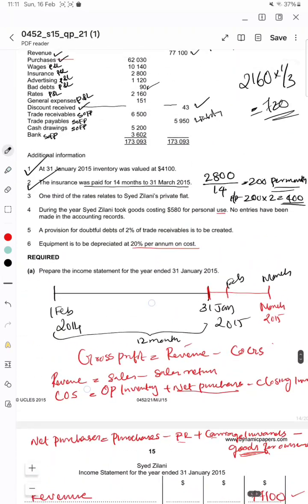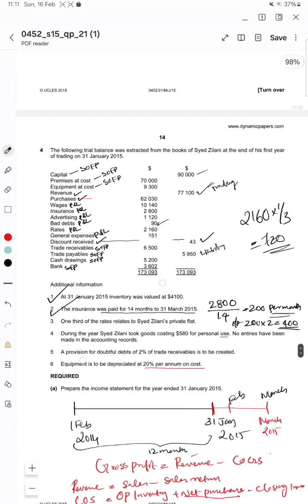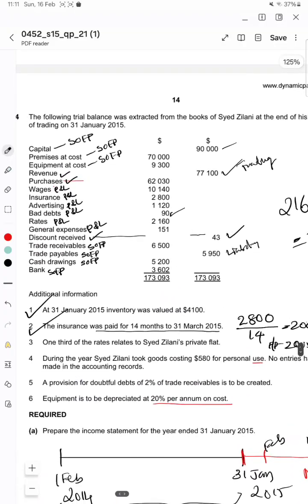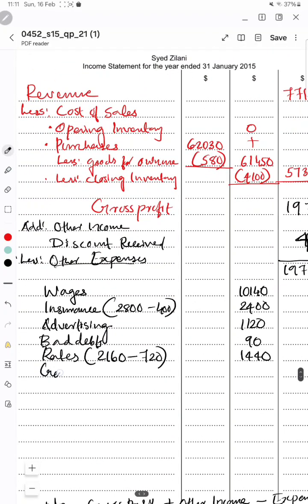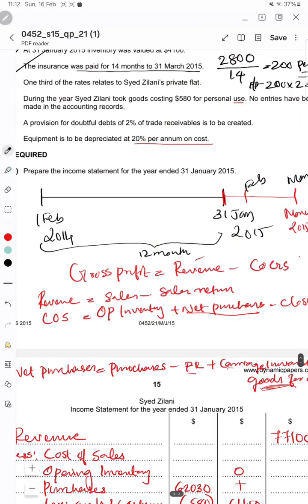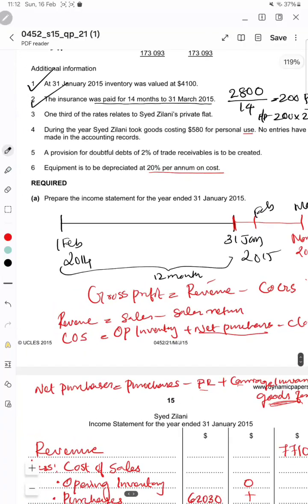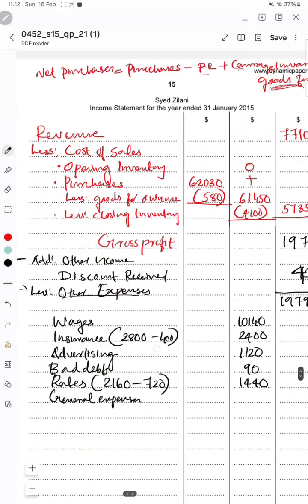Then we have general expenses, right? That I am taking here. General expenses. There is no adjustment. Check if there is any adjustment for general expenses. No, right? This we have taken. Now we have only 2 adjustments.